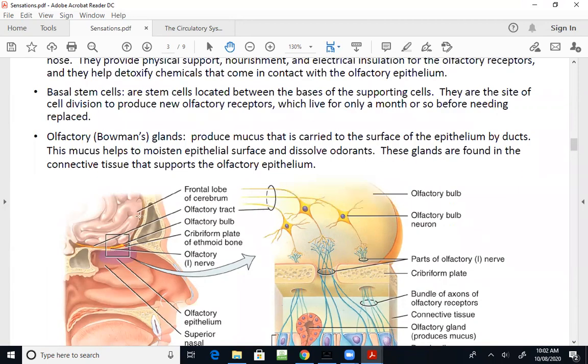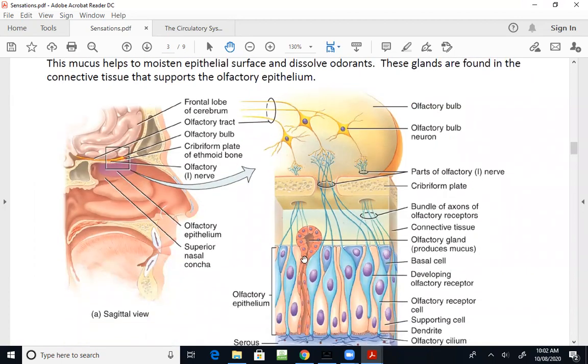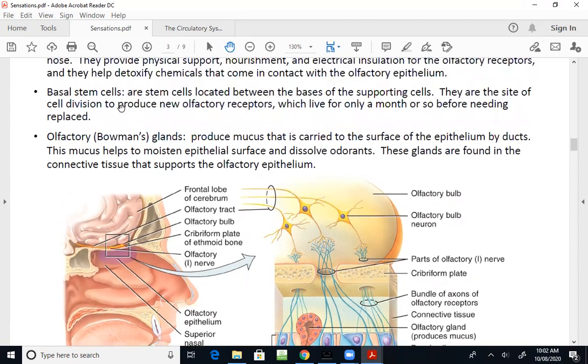Also located within the olfactory epithelium are ducts from olfactory or Bowman's glands, which we show right here. As it shows here in parentheses, these are the glands that produce mucus, which is then carried to the surface of the epithelium by way of ducts.